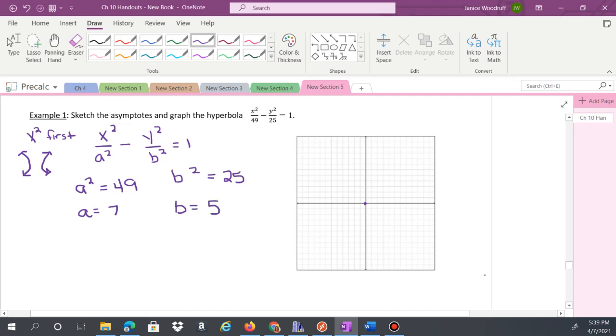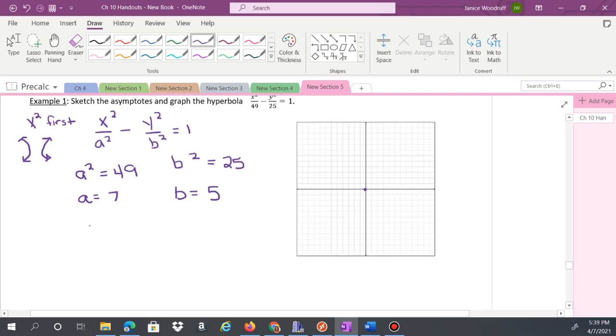Okay, and then let's also get our c value. We'll start plotting this here. Okay, so c squared is going to be a squared plus b squared. So a squared is 49 plus 25 gives you what? 64. Yeah, so c squared is 64, which means c is going to be 8.